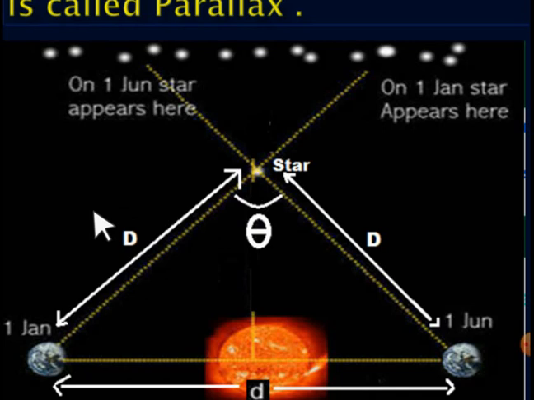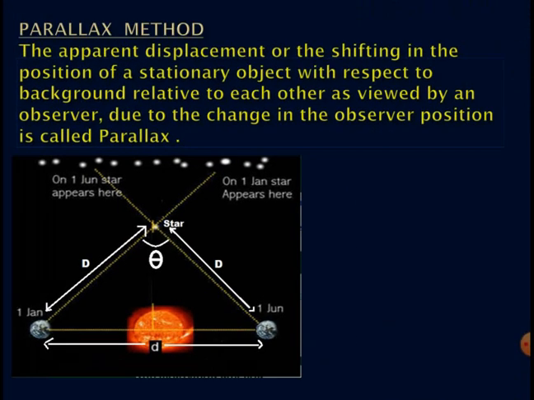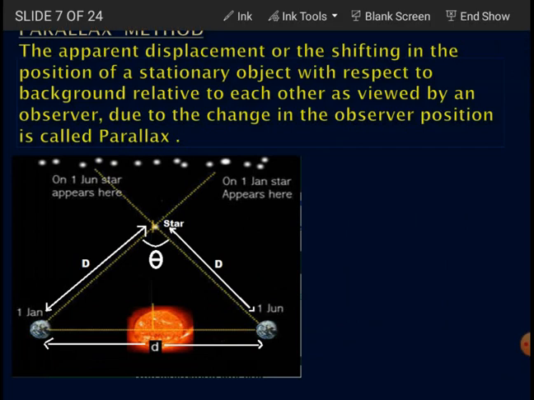Now if you observe again when the earth is at the diametrically opposite point of its orbit, then this will be the position of the line of sight. If you are using a telescope, then the telescope would have been here at this position, in this direction.